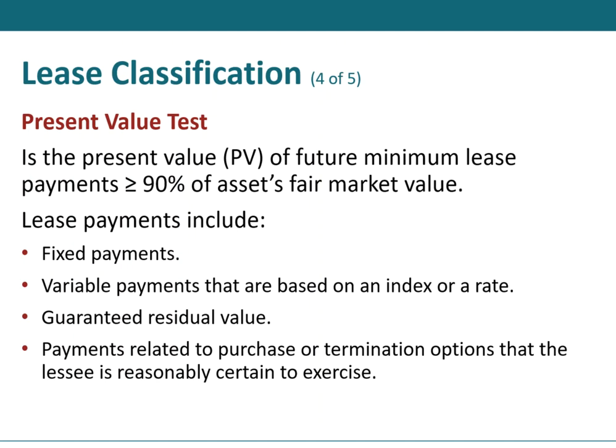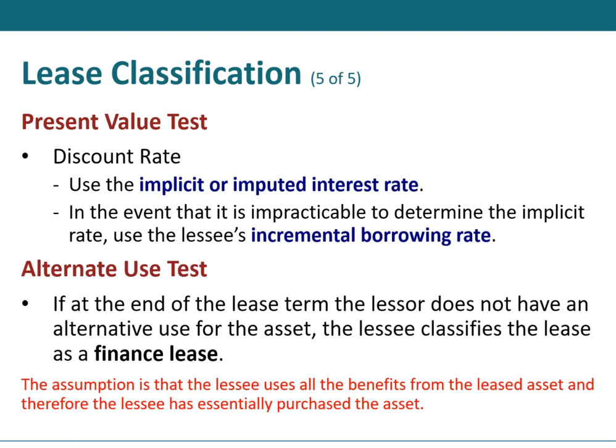Again, the thought is you've really purchased the asset, and this is just a means of financing that purchase price. In applying the present value test, we use the implicit or imputed interest rate within the lease. And if that's impractical to determine, well, then we'll use the lessee's incremental borrowing rate.